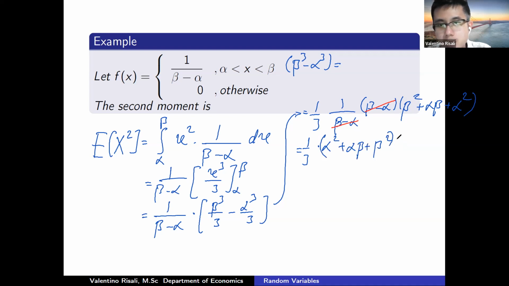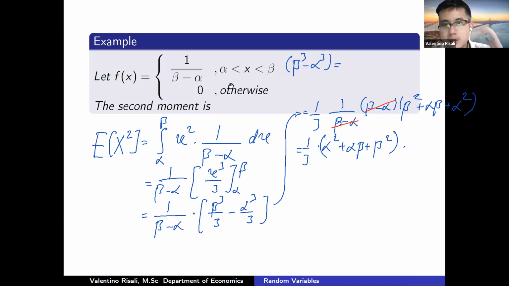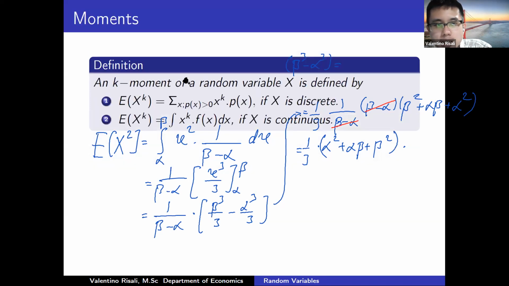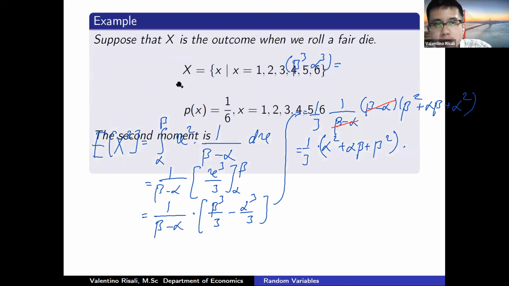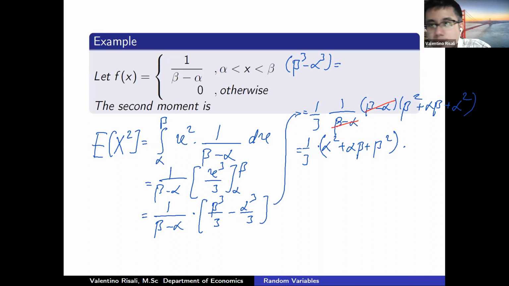Okay. Yeah, and this is the second moment of this video. Oh yeah, this is the last slide for the second moment. Just follow the definition for the K moment. Is there any question from you, please?